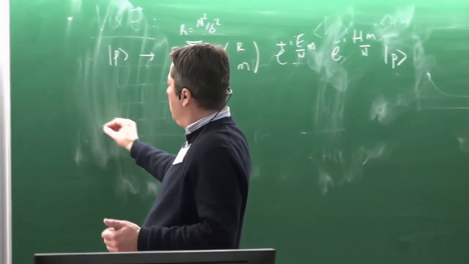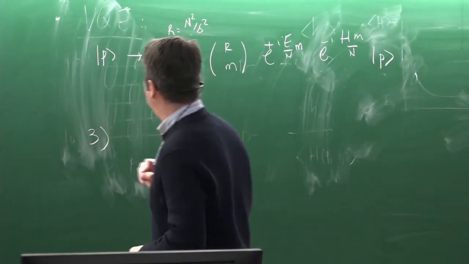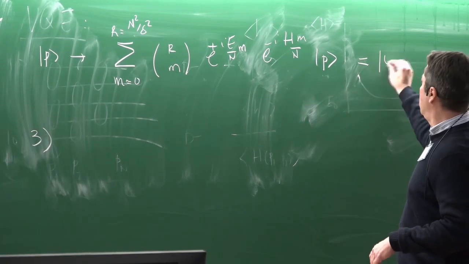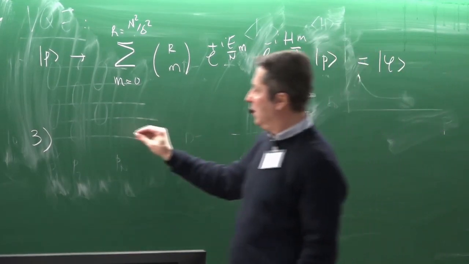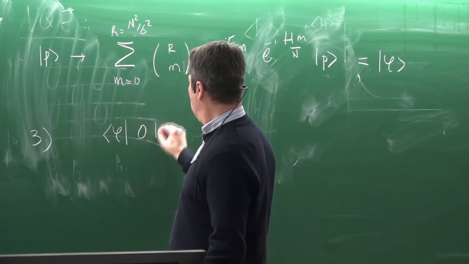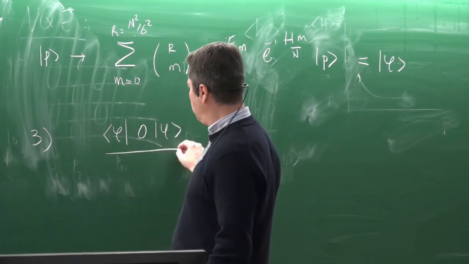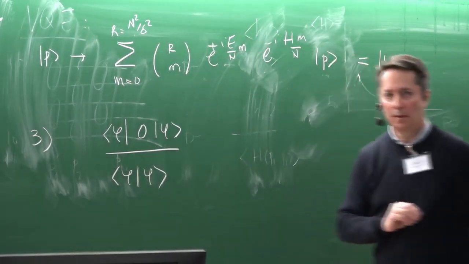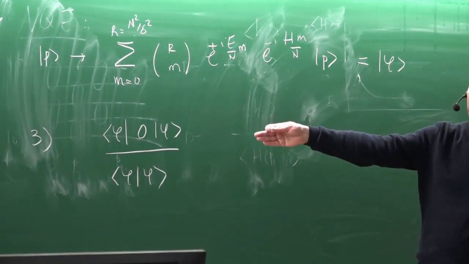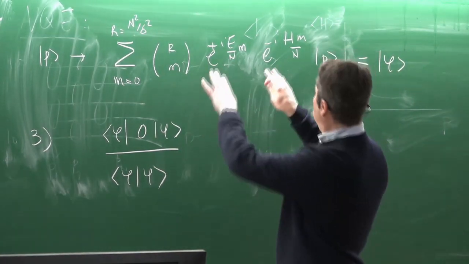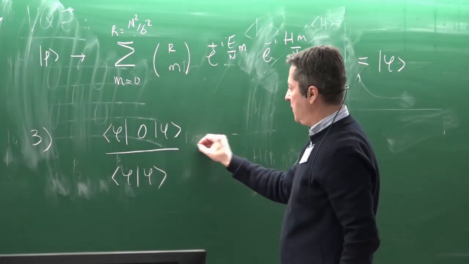And the idea is to say, well, at the end, what do I want to compute? What I want to compute is, in this state, let me call it phi now, phi times O phi divided by phi phi. This is what I was asking in the problem, to some precision. But then I can put this in here and replace it in this formula.